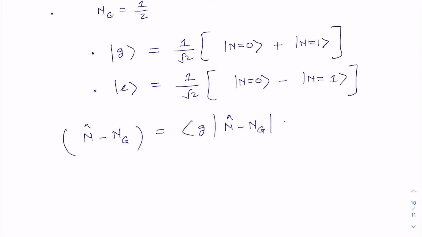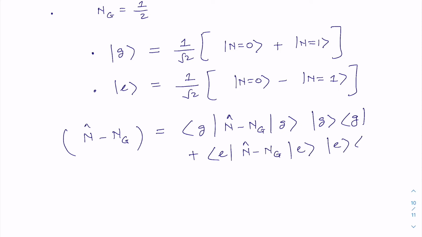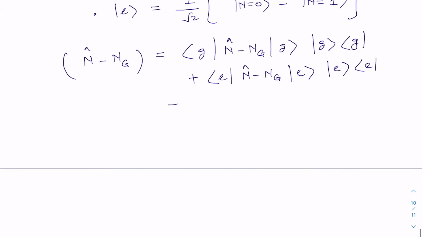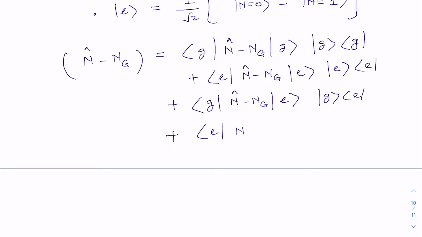You just have to expand it, and there will be 4 terms. So very straightforwardly you can do the calculation here, and the other terms will be z, n minus nz, e, and e, n minus nz, z, e, z.